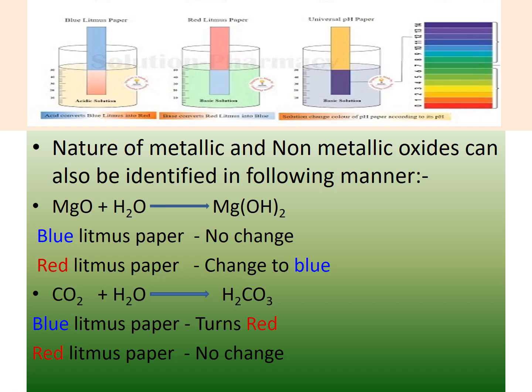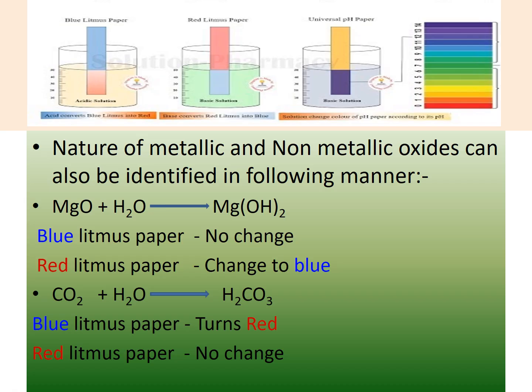Similarly, when we are dissolving carbon dioxide in water, it is again forming a solution. If we want to test the nature of this solution, we can again use the litmus paper. So, blue litmus paper turns to red while there will be no change in the red litmus paper.